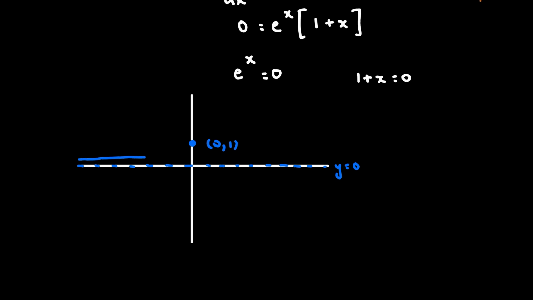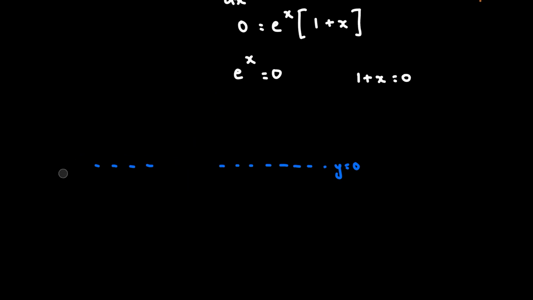And we can notice that this graph will exponentially rise like this. And because of this asymptote at y equals 0, we know that e to the power of x can never equal 0. And it can also never be any of these negative values down here. So for this one here, there are no solutions.